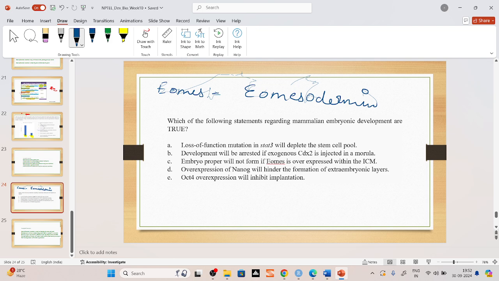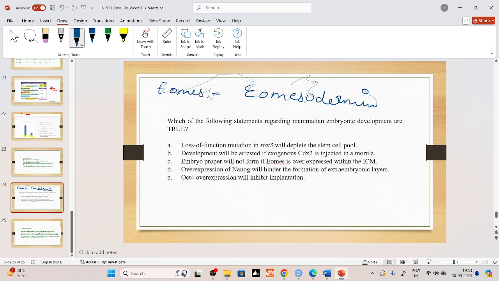If overexpression of EOMES takes place within the inner cell mass, then the inner cell mass would be pushed towards the trophoblast lineage. Trophoblast lineage is important, but not at the expense of decreasing the inner cell mass. Trophoblast cannot take the place of the inner cell mass in order to grow itself. The inner cell mass is as important as the trophoblast. Both are important.